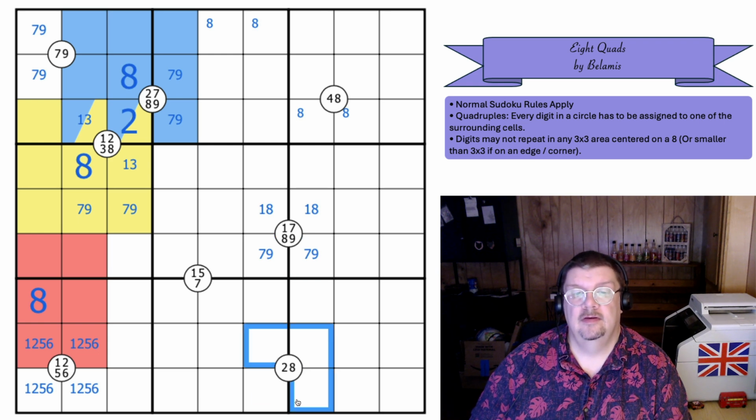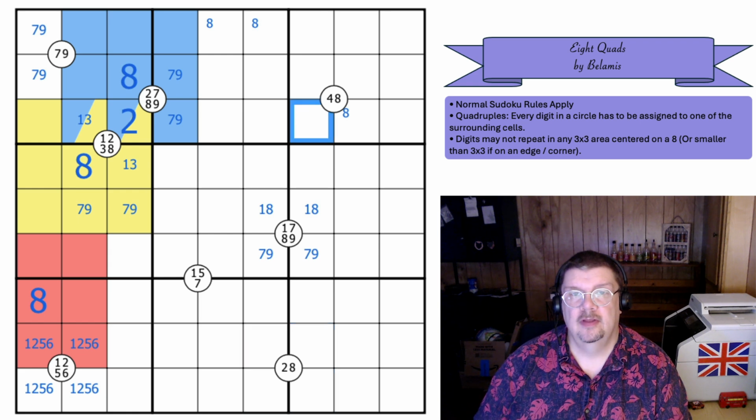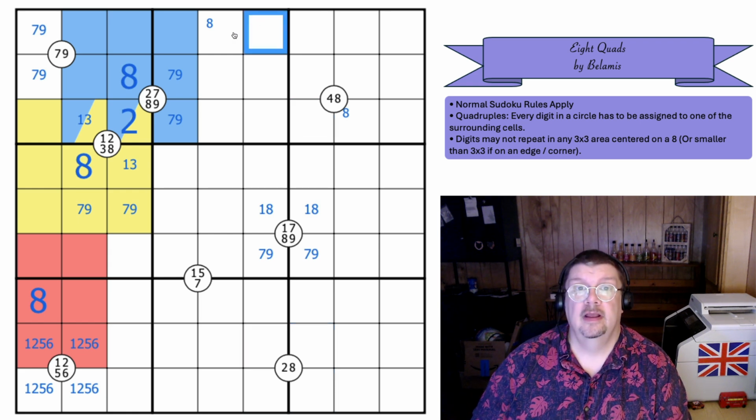I've got an 8 in one of those 4, along with a 2. Now, I'm not going to mark it because I can't usefully mark it across the box just yet. However, with an 8 in one of those 4 and an 8 there, that's all of the 8s that I would expect to see in these 2 columns. So that can't be an 8, and nor can that.